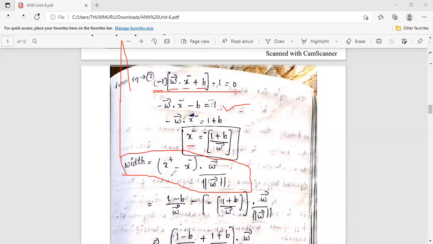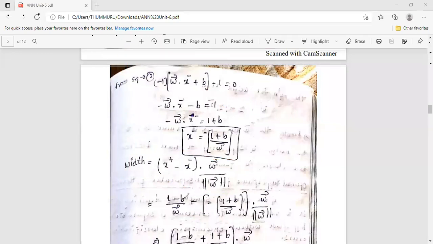You should substitute x plus equals 1 minus b by weight vector, minus x minus, which equals minus of 1 plus b by weight vector, into the weight vector divided by the norm of the weight vector.